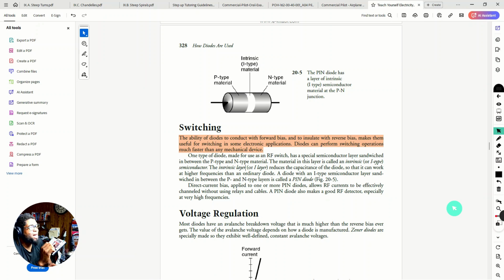The ability of diodes to conduct in forward bias and to insulate with reverse bias makes them useful for switching in some electronic applications. Diodes can perform switching operations much faster than mechanical switches. And that's one of the biggest advancements that we've had with electronics, though it might not be known.